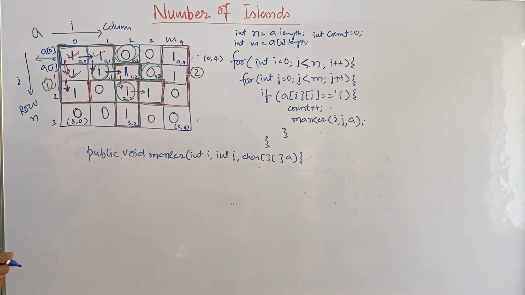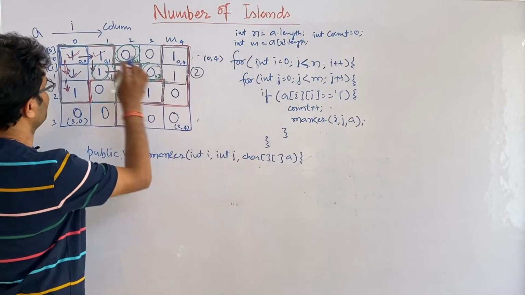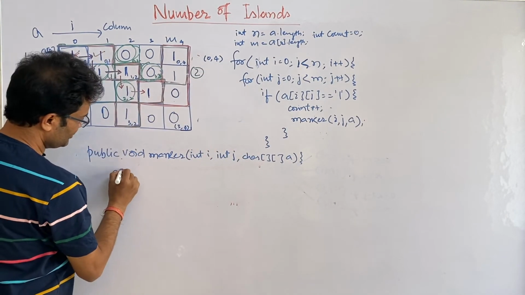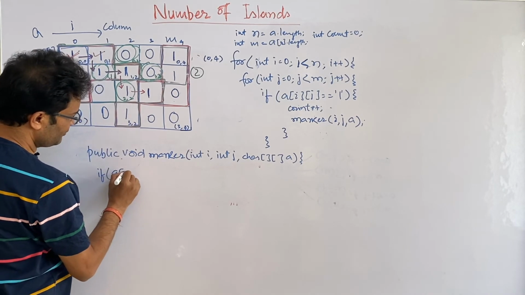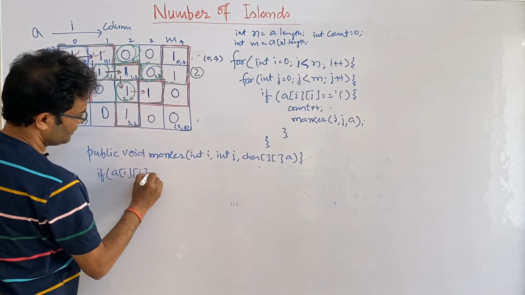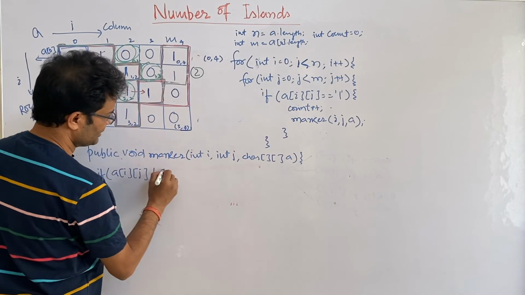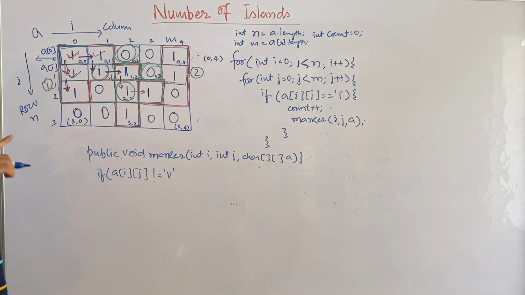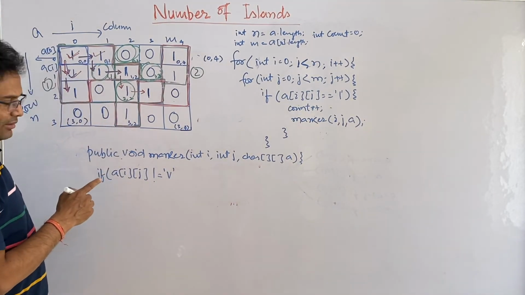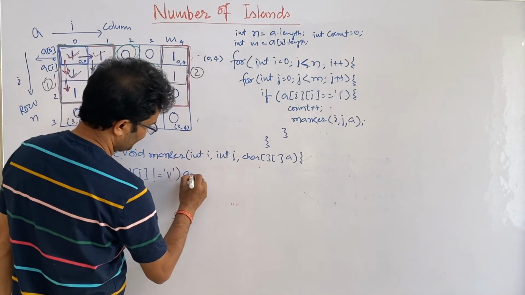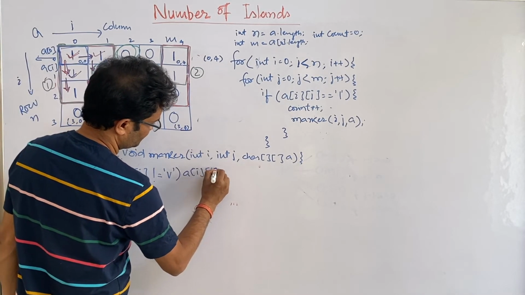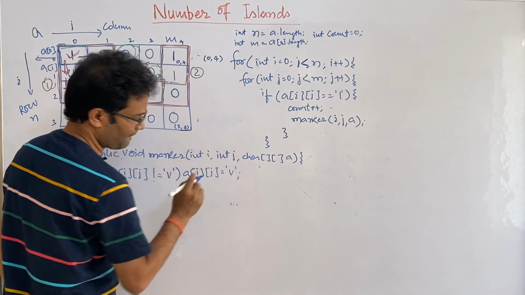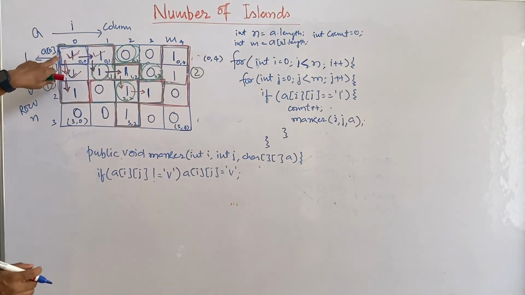Here what I have to do, first the element that is coming, this element. So first I will check if this element is not visited. For the visiting I will use the v word. If it is not visited, make it visited. First job done.